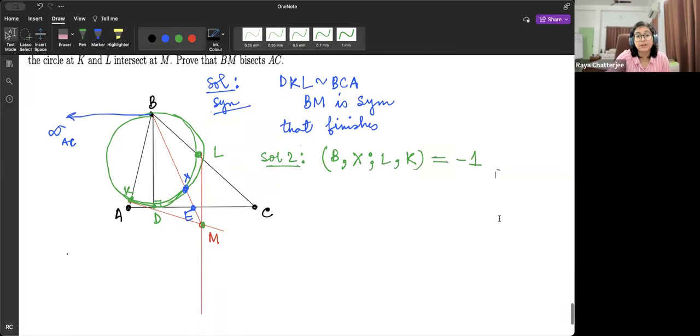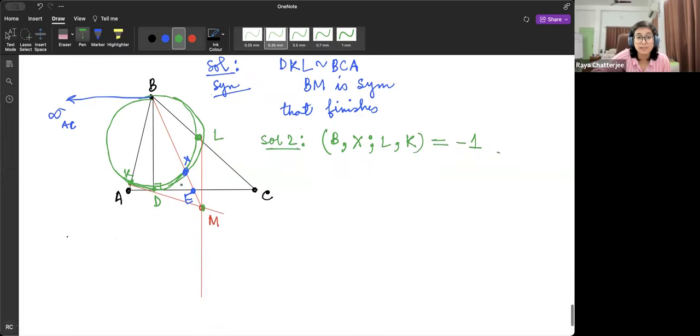And so you can just project this bundle from B, right? So take it from B. So you can just say that (BB, which is the tangent at B, comma BX, BL, BK) is -1.